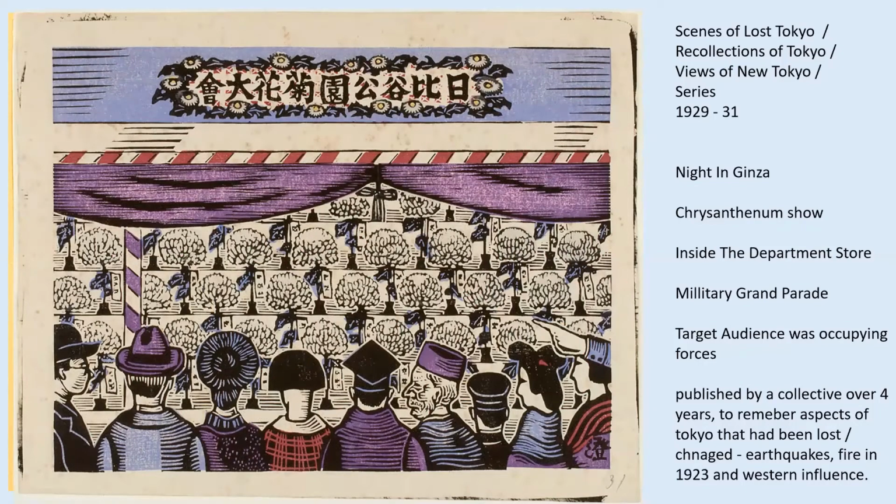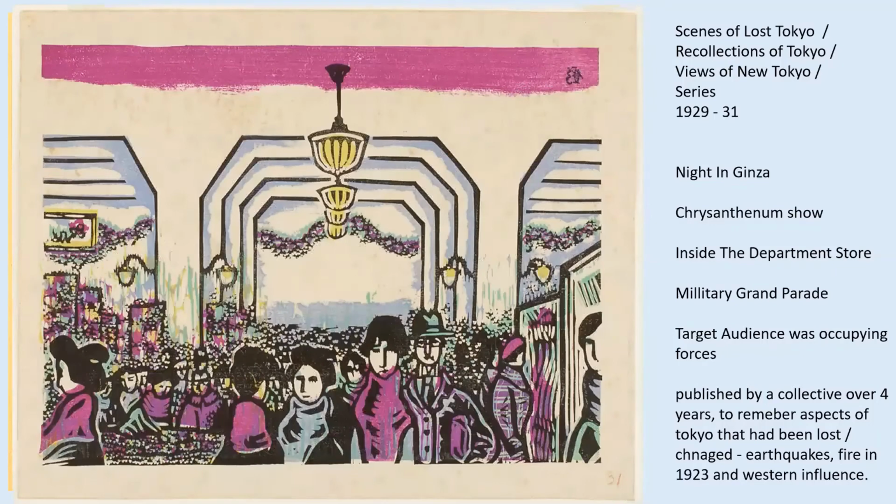So this is people looking at a nice display of flowers. These big chrysanthemums are huge flowers with many, many petals, and they're very ornate, very, very beautiful. People go and look at them. Apparently, looks really nice. We've also got inside the grand department store, capturing the bustling shoppers and the people looking around and buying all their nice things.